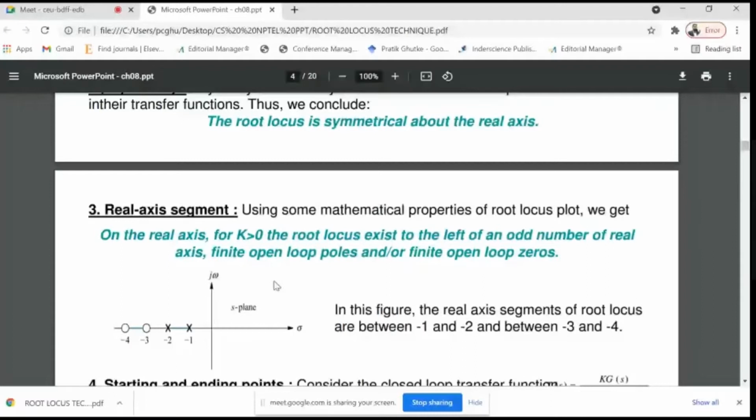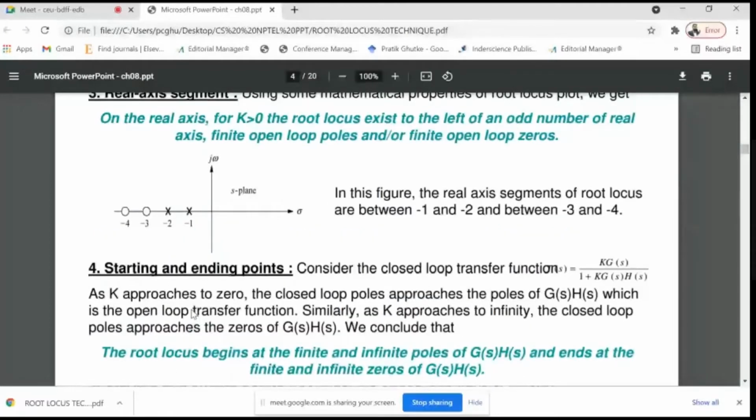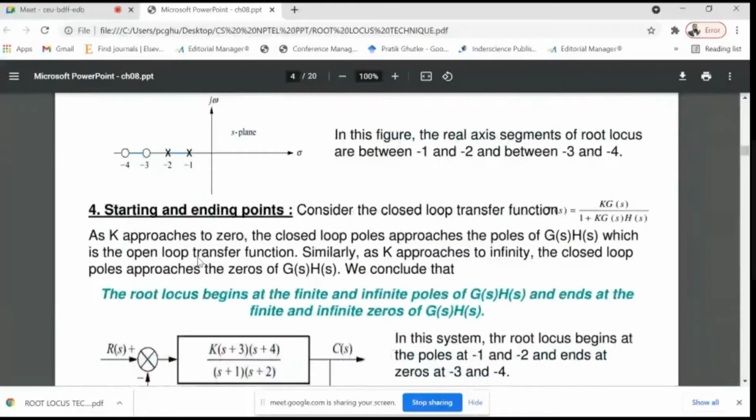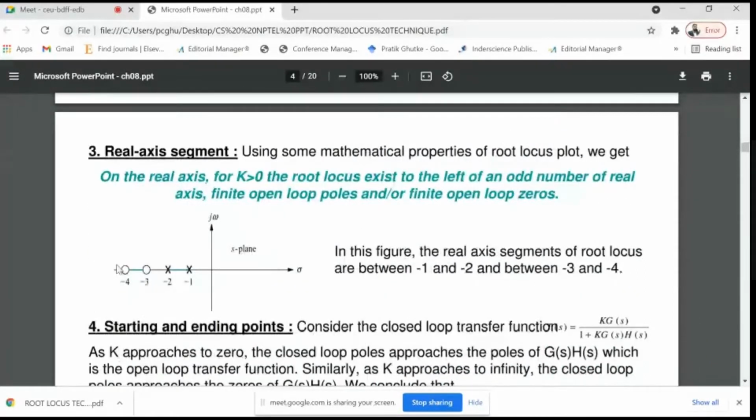So, how to check whether the root locus exists here or not? For checking this condition, first of all, we have to mark the given transfer function with the poles and zeros.